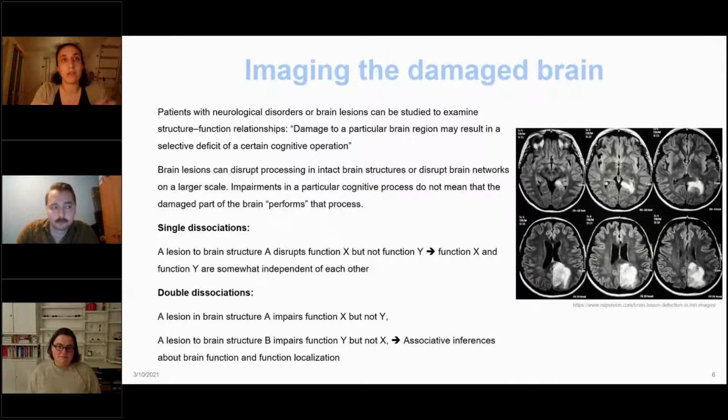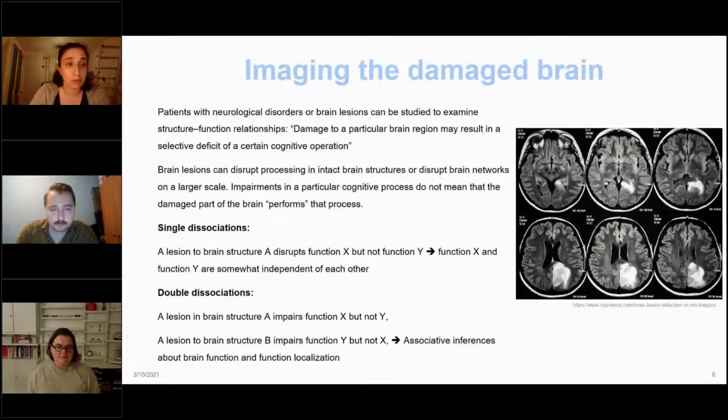For example, if I have a lesion at region A and I cannot perform task X, it does not mean that region A necessarily is responsible for task X. It might be affecting some other region, which in turn affects the function X.